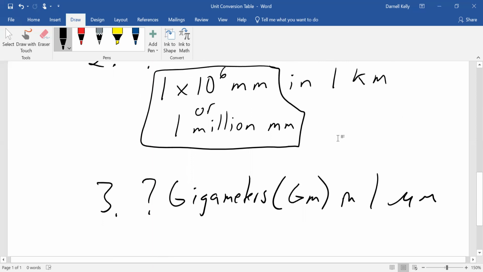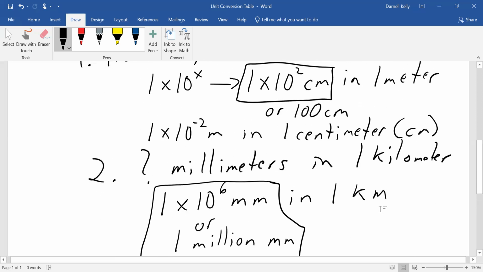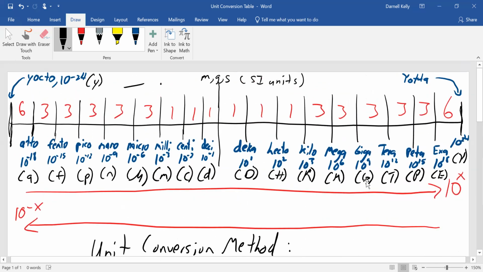So next example, how many gigameters in 1 micrometer? So again, we locate the giga prefix at this line, and we're going to count the powers of 10 from giga all the way to micro. And the symbol for micro is this Greek letter mu. It's like a funny looking U. All right, starting at giga.